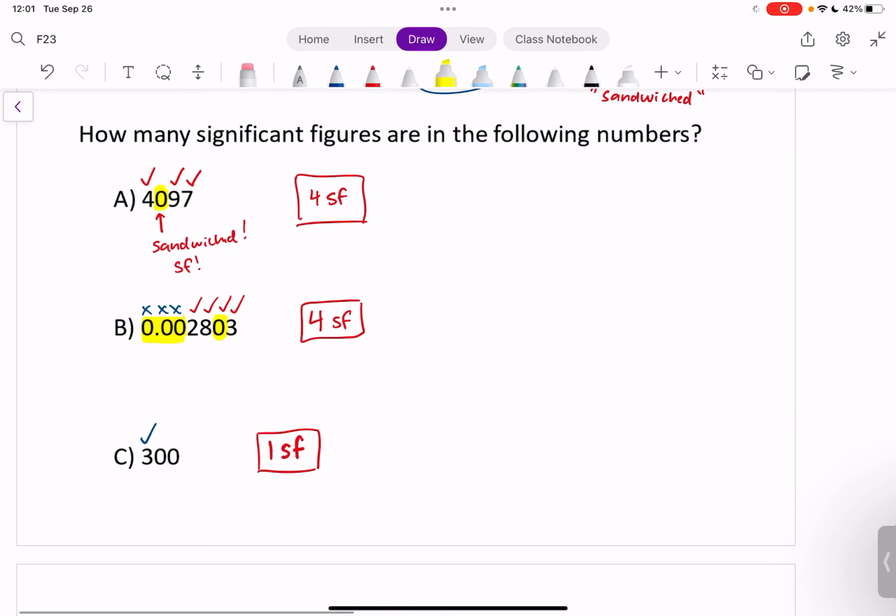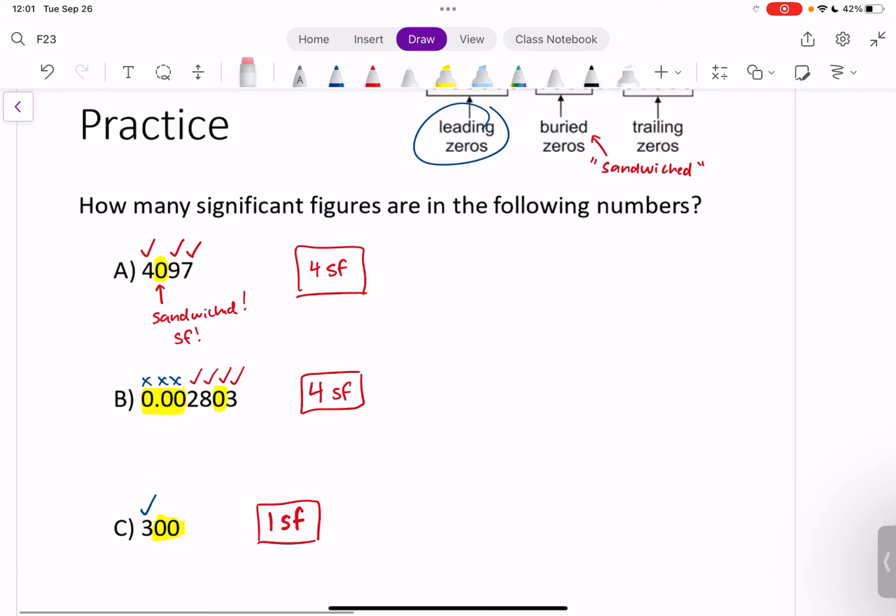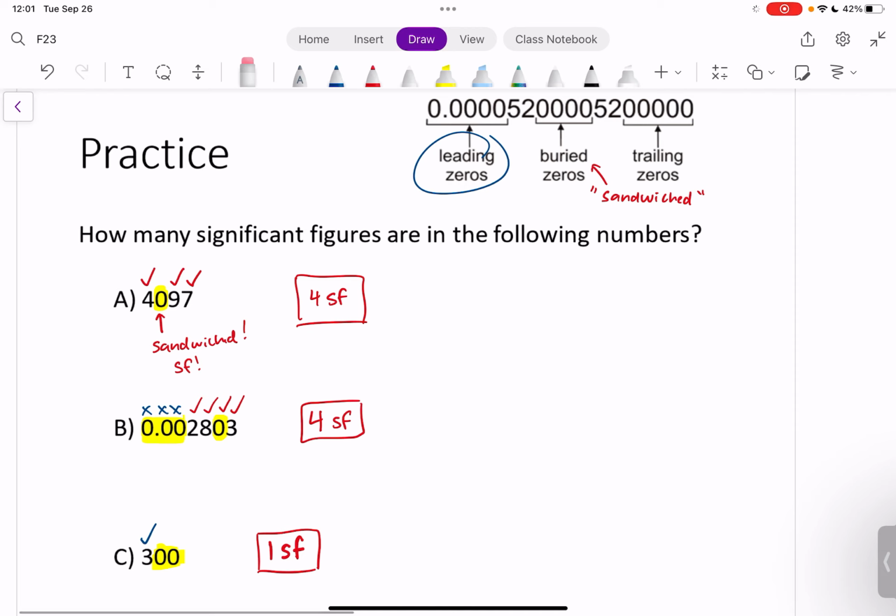But the question is, are these zeros significant? And they are not. So if we had a decimal point here, would those zeros be significant? Yeah, absolutely. And then you would have 3 sig figs. But because there's no decimal point there, we cannot count those trailing zeros, and there's only 1 sig fig in that number.